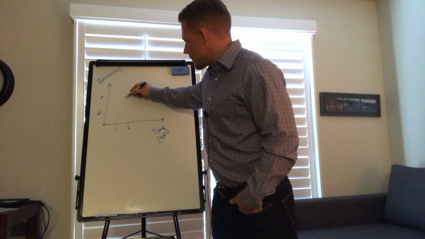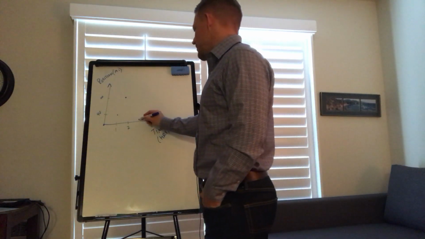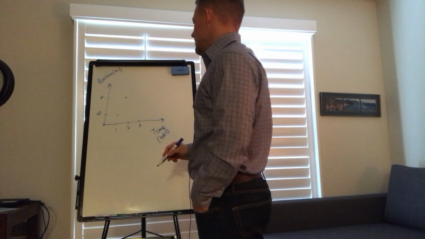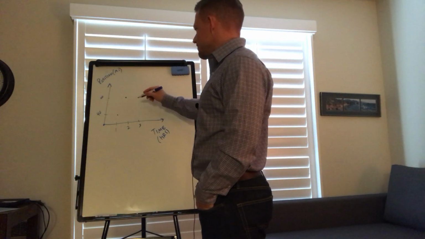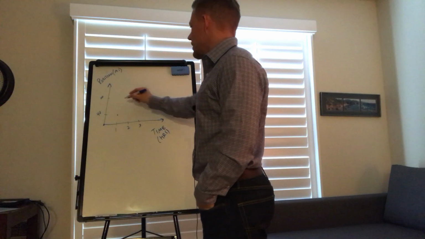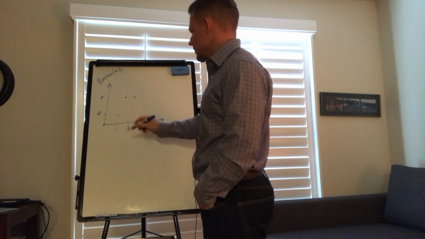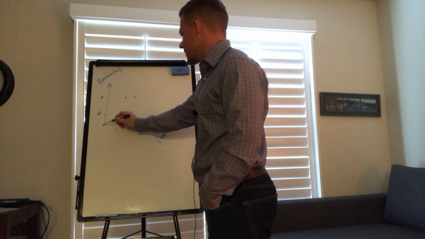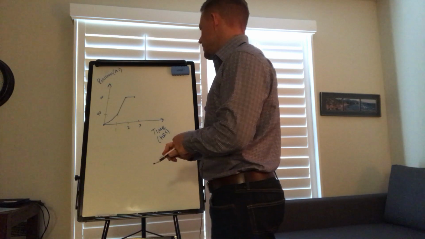So you went quite a bit faster there. And then let's say after 3 hours, you stopped for an hour and you're still at 100 miles. So your graph kind of looks like this, and then you stopped.